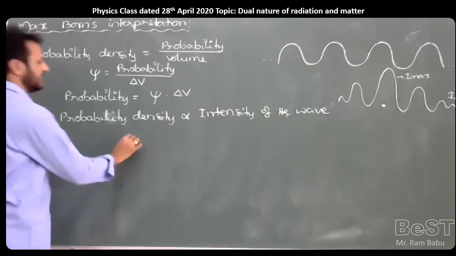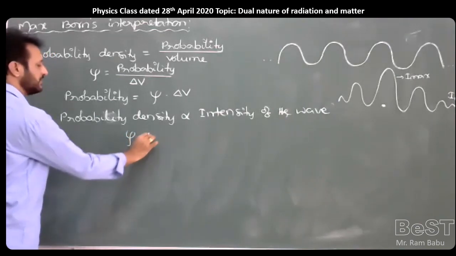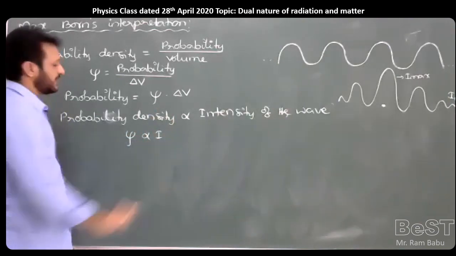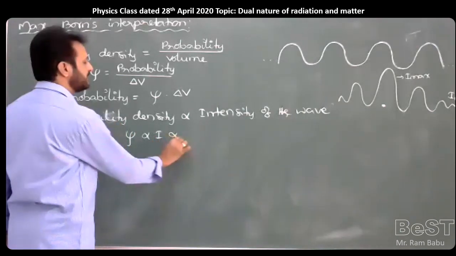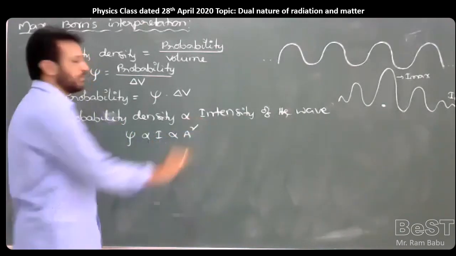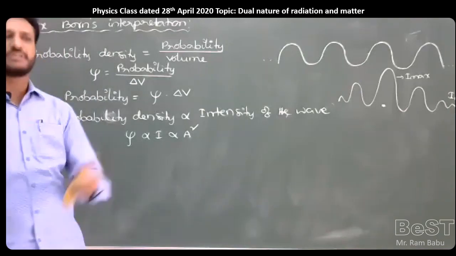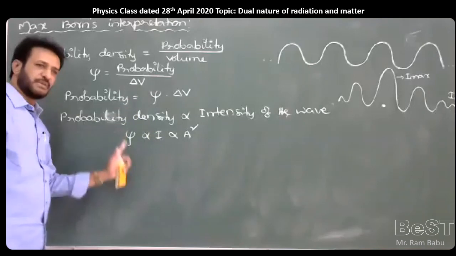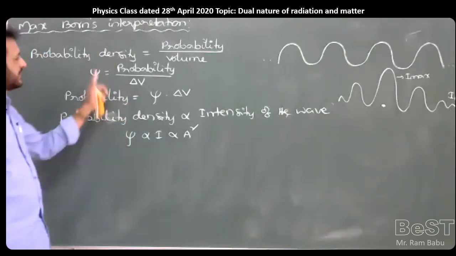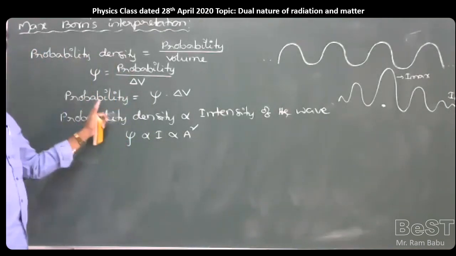So we can write psi proportional to intensity I, but the intensity of the wave is always directly proportional to the square of the amplitude. More the amplitude of the wave, more the intensity of the wave, more the intensity of the wave, more the probability density. More the probability density means more the probability of the wave also.